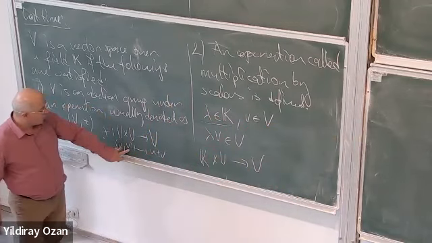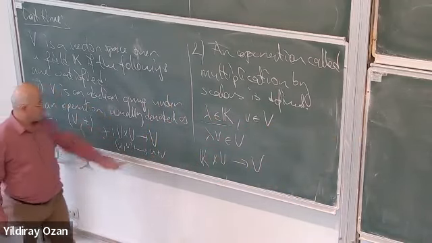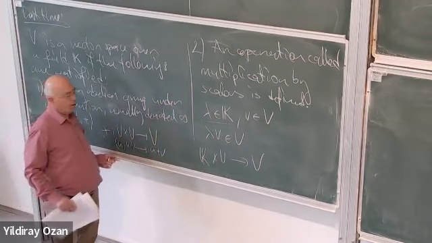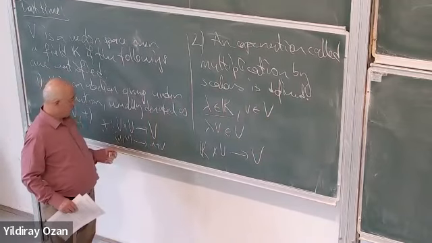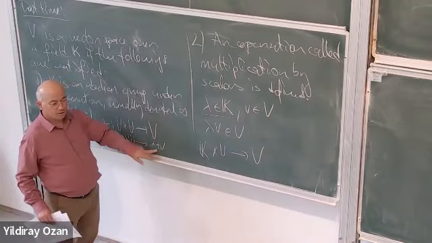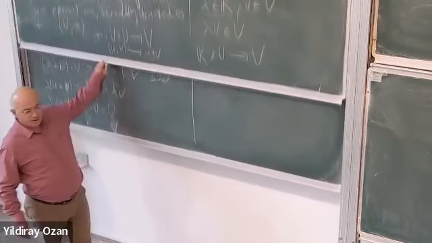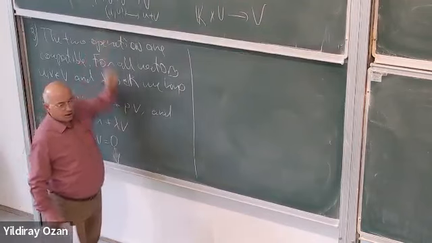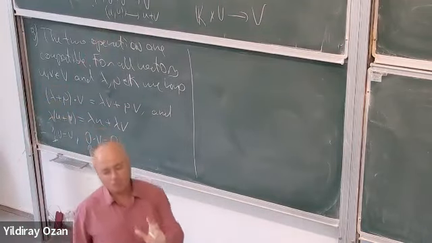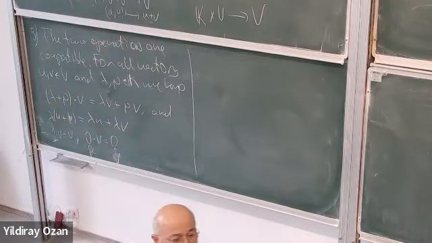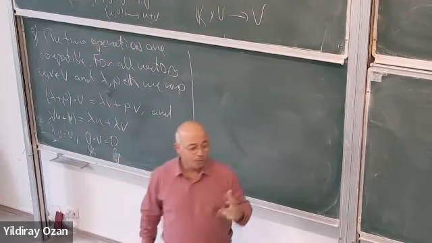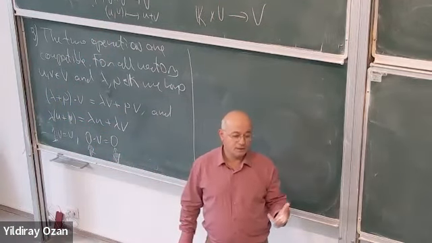So whenever you take two vectors, you can add them up. And the sign between them is plus, not multiplication. We don't multiply vectors with each other. There are special cases where we multiply vectors, but that's not part of being a vector space.